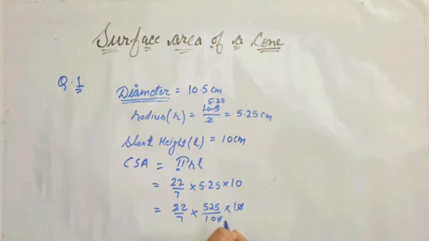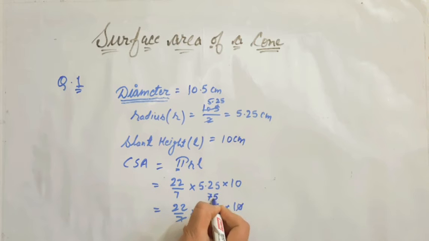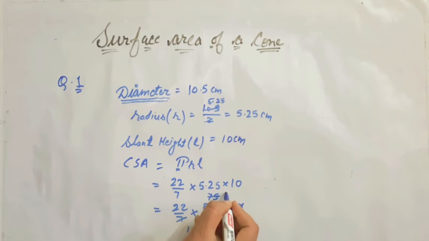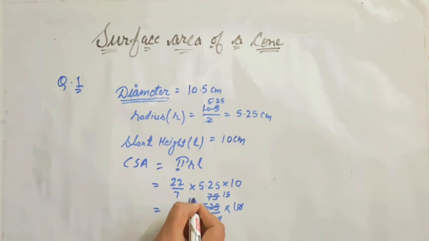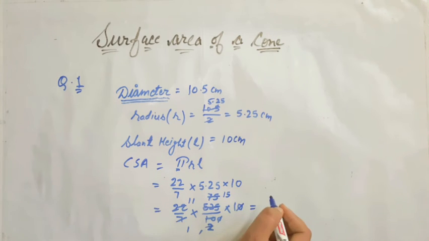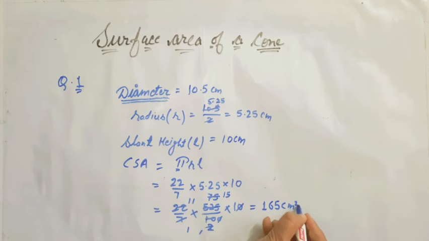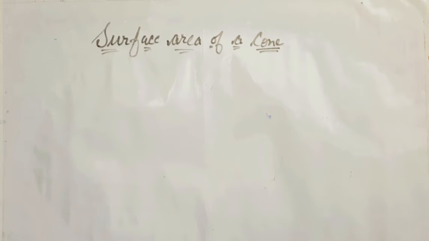So the 10 cancels, 7 times 75 is 525, and this gives 11 multiplied by 15, which is equal to 165 centimeter square.